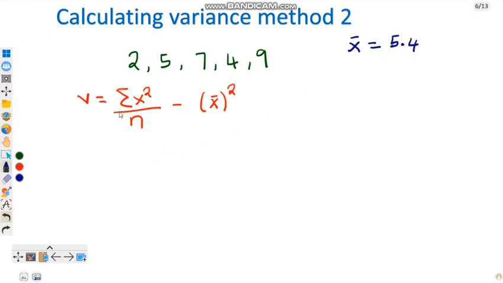Since on top we're saying summation of x squared, x is represented by these values 2, 5, 7, 4 and 9.